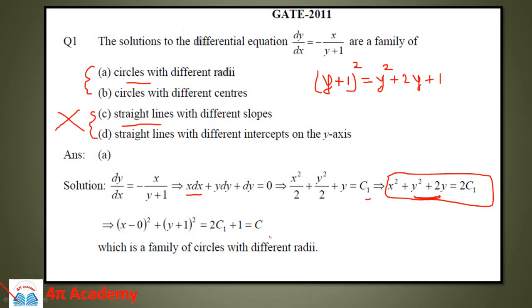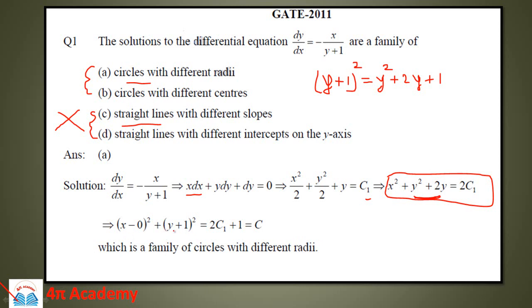is the equation of a circle, and here you will see that a large number of circles can pass through, they can be of different radii, and therefore this is a family, because there are a large number of circles for different values of x and y.